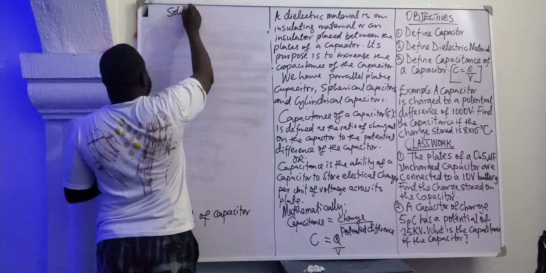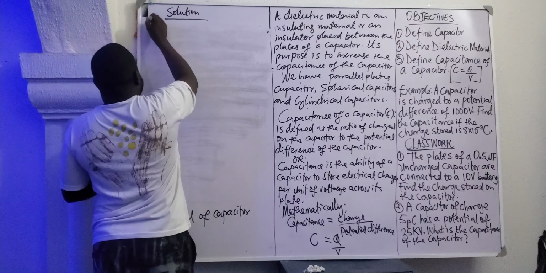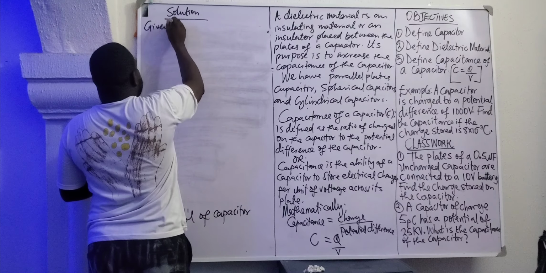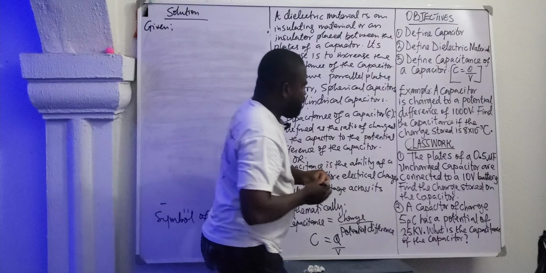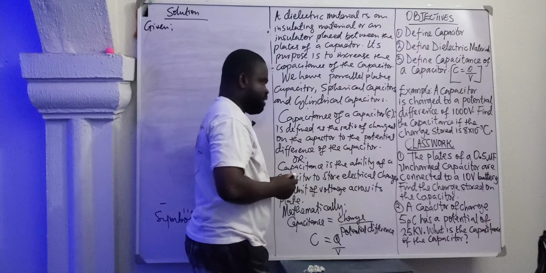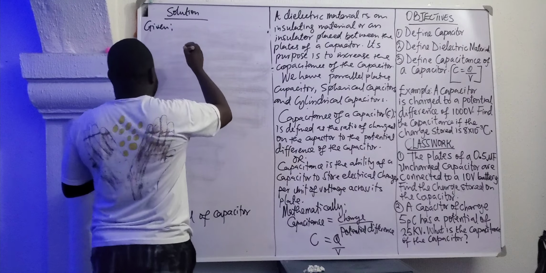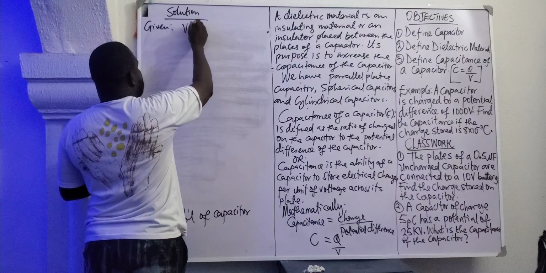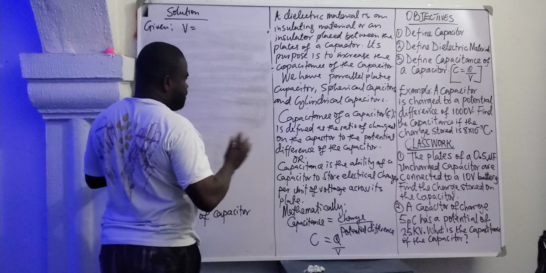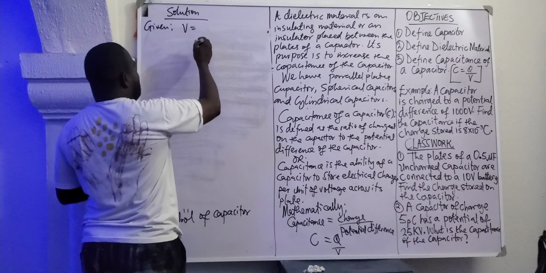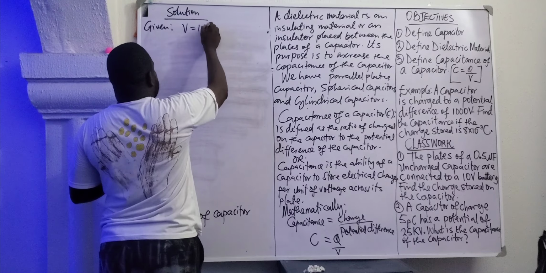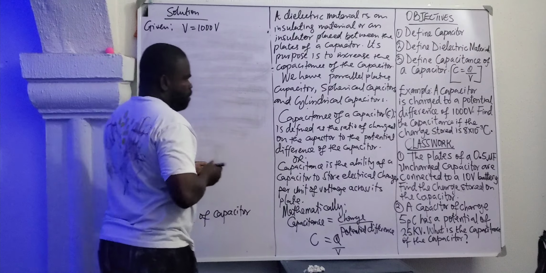The solution to the example: we are given that a capacitor is charged to a potential difference of 1000 volts. So V, the voltage or potential difference across the plates of the capacitor, is given as 1000 volts.